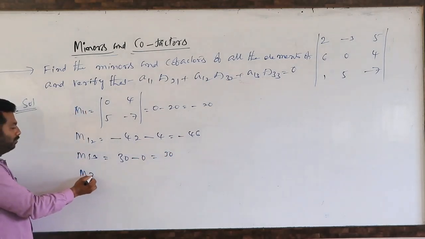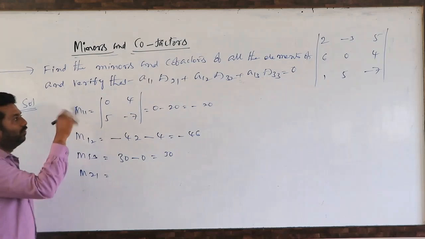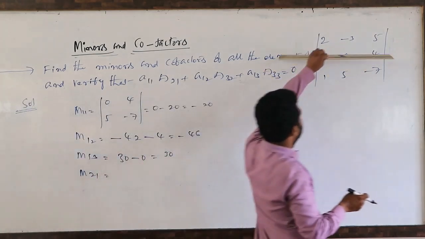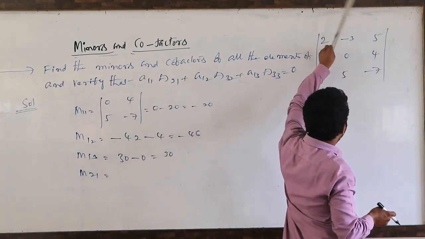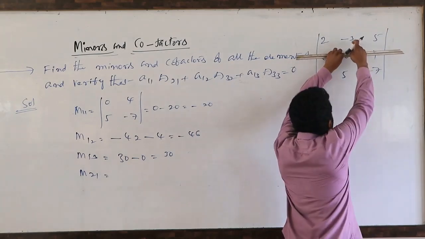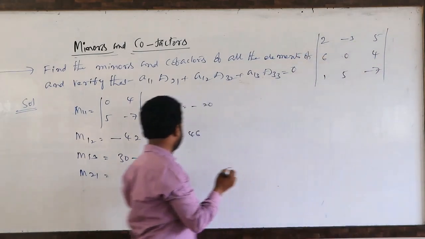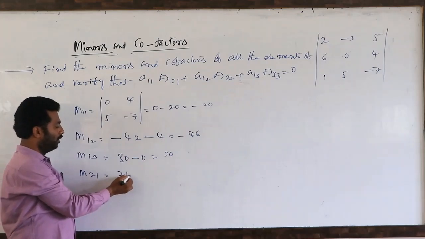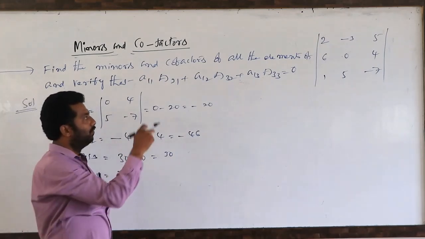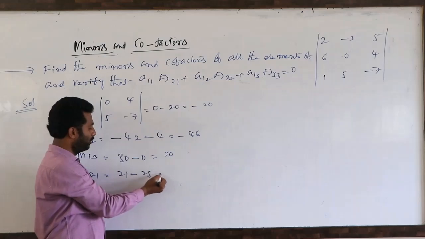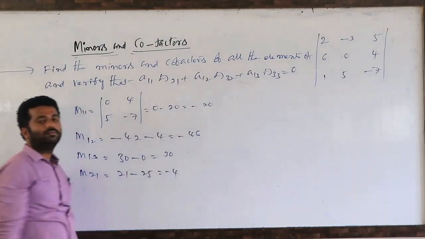Next, M21, second row, first column. Second row, first column closed: minus 3 into minus 7 is plus 21, minus 5 into 5 is 25, so 21 minus 25, nothing but minus 4.